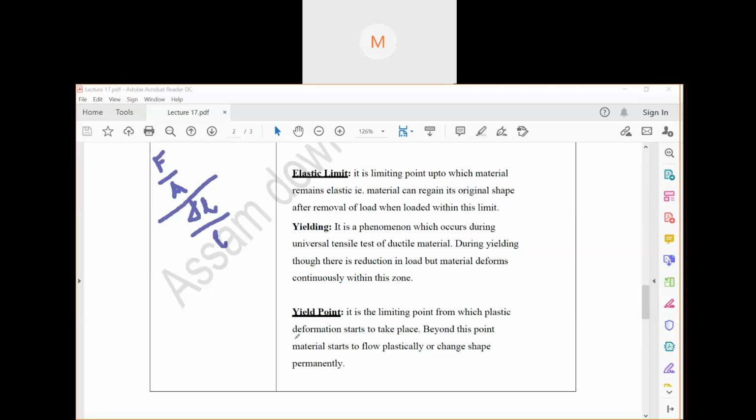If you take a piece of rubber and a piece of steel and apply the same amount of force, with the same area, what happens? The rubber will elongate more. Yes or no? That means del L for rubber will be more.